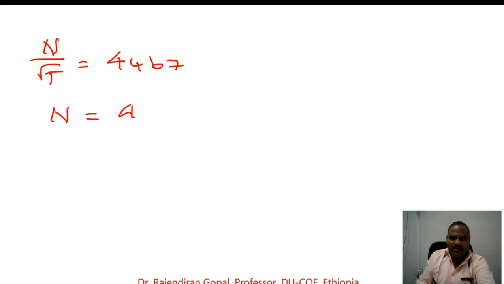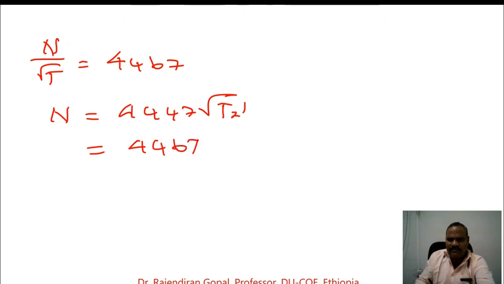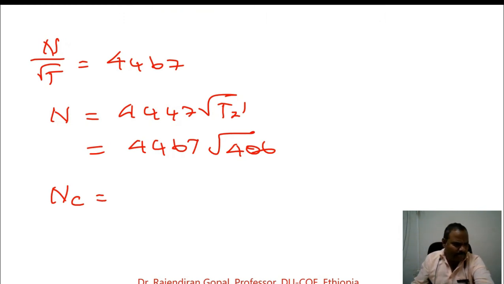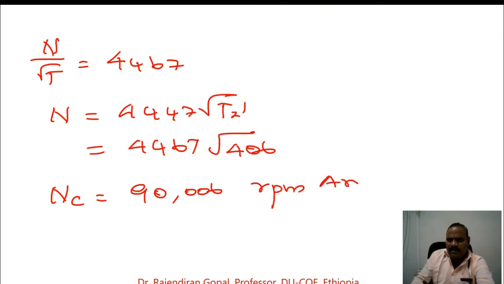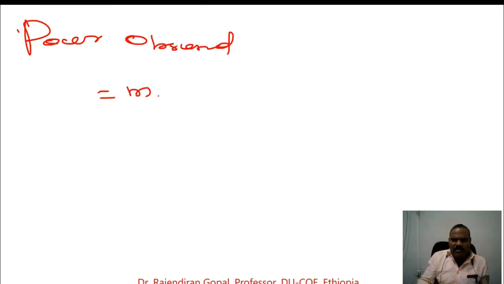N is equal to 4467 times root of T2 dash, that is equal to 4467 root of 406. We get speed of the compressor is equal to 90,006 RPM. Answer 2A.